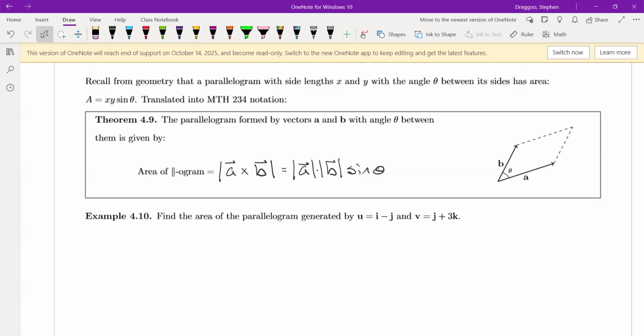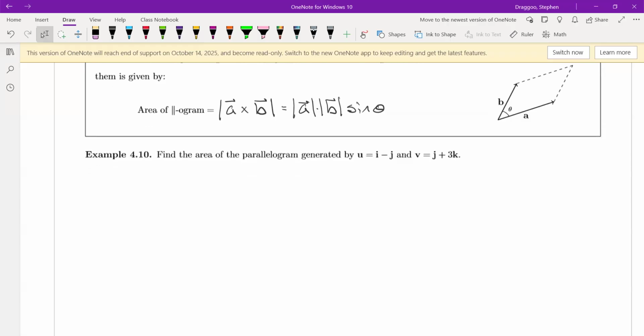But right. So if that's our geometric definition, let's just go find the area of these two parallelograms, writing down what they are. U cross V is the vector I, J, K. U looks like 1, -1, 0.